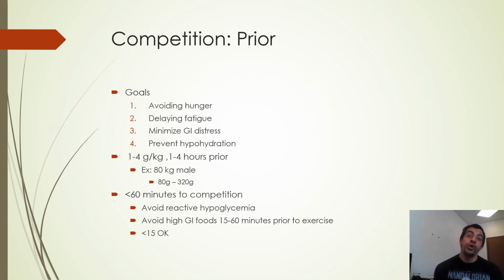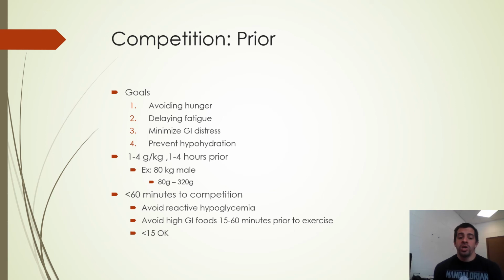So there are really 2 pre-workout windows. There's a 4-hour period, and then there's anything less than an hour. In the 1 to 4 hour period, you want to eat roughly 1 to 4 grams per kilogram. Using myself as an example, that's roughly 80 grams to 320 grams of carbohydrates. 320 grams of carbohydrates is a massive meal.